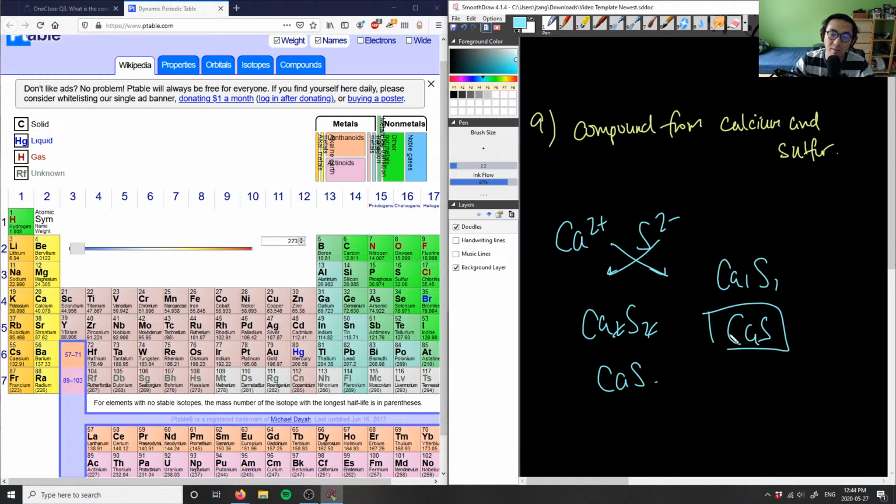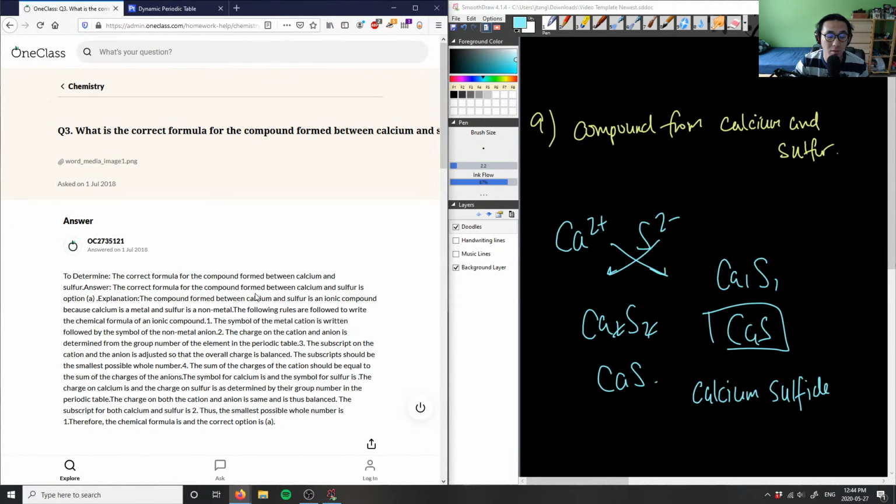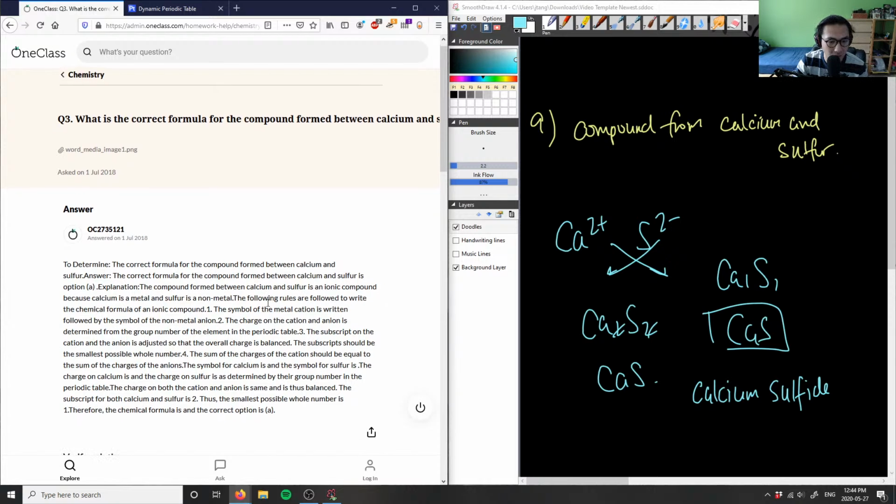So either way, this is the compound formed from calcium and sulfur, and this will be named as calcium. And then this is an ionic compound, so I will drop the ending and add IDE here for calcium sulfide. So this is the correct solution for this question.